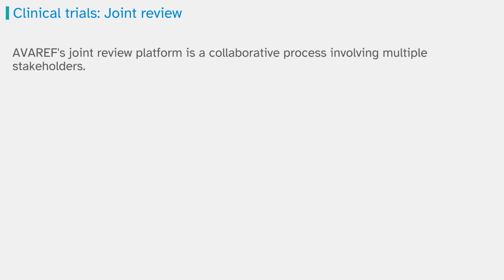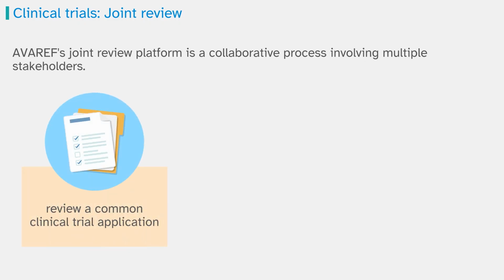AVAREF's joint review platform is a collaborative process involving multiple stakeholders. There are 3 core steps. 1. Experts from NRAs and ECs of 2 or more countries review a common clinical trial application. This process includes the sponsor, external experts, and other observers. 2.